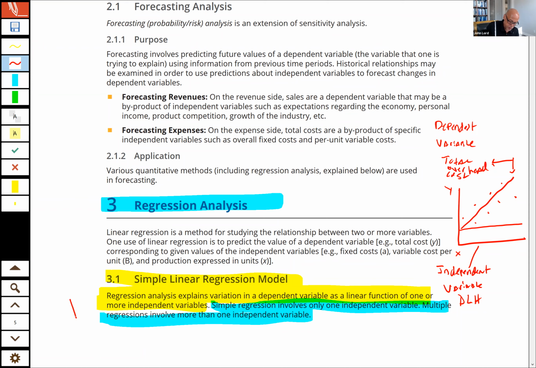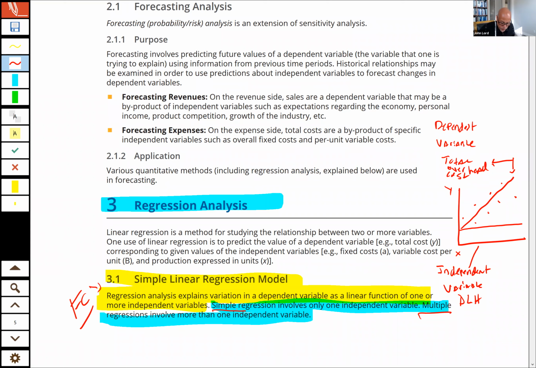For our purposes, go ahead and flashcard the difference between simple versus multiple regression. Multiple has more than one independent variable, whereas simple has just one.